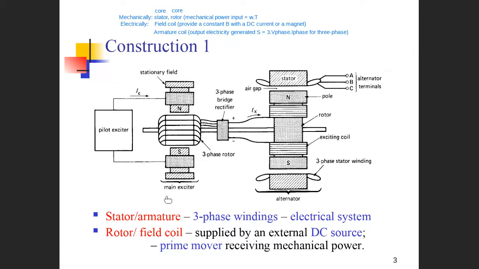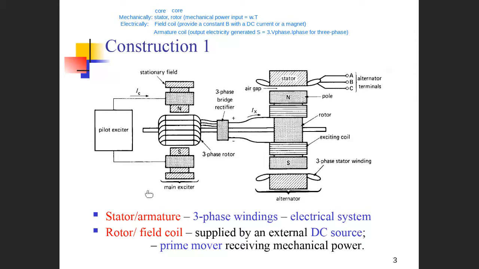One is the so-called exciter, used to generate the current that produces a strong magnetic field. The other is an alternator, used to generate the output electricity for use.